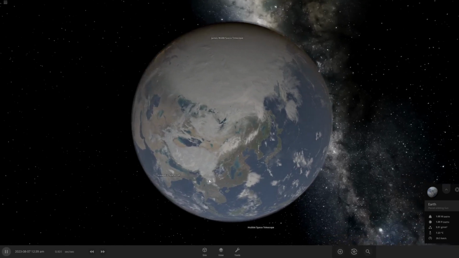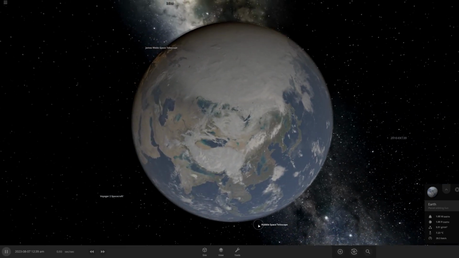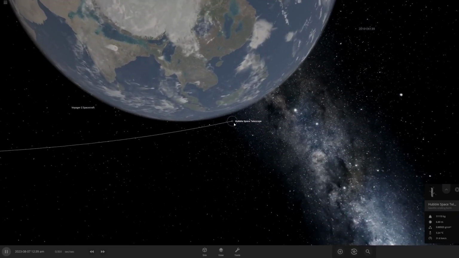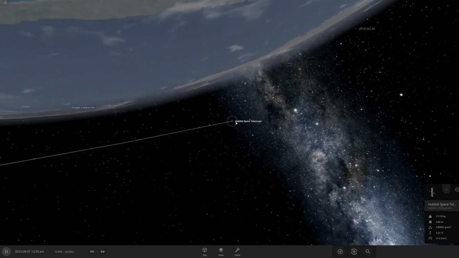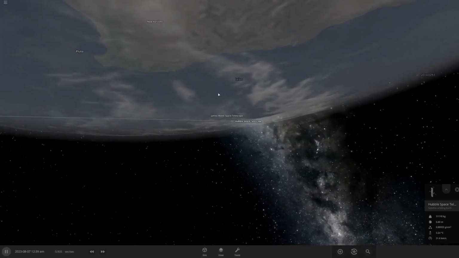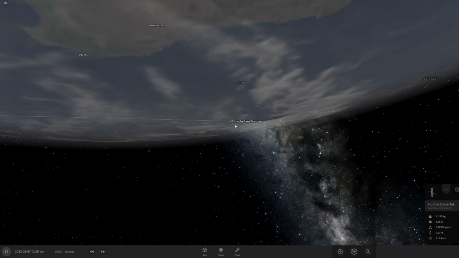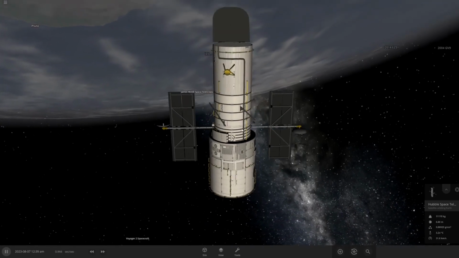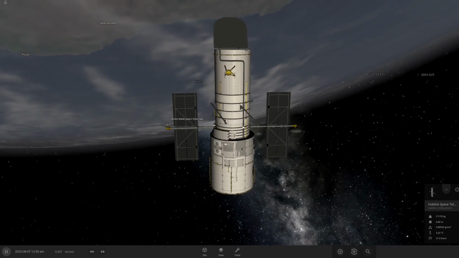We can see things flying around like the Hubble Space Telescope. It looks so small compared to our planet.